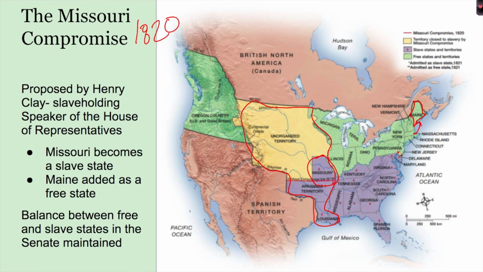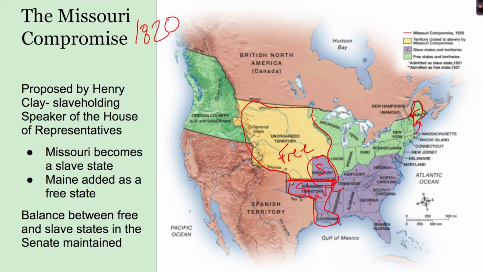What they end up doing to keep the balance even is they make Maine a free state, and they say, okay, you can have Missouri as a slave state, but we're going to give you this line on the southern border of Missouri, and everything north of that line is going to be free. Everything south of that line is going to be slave.